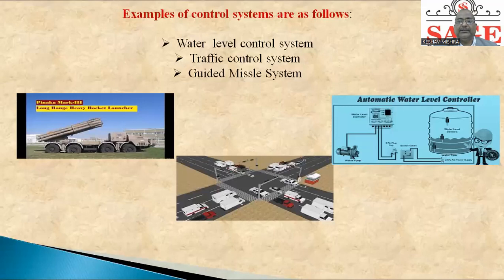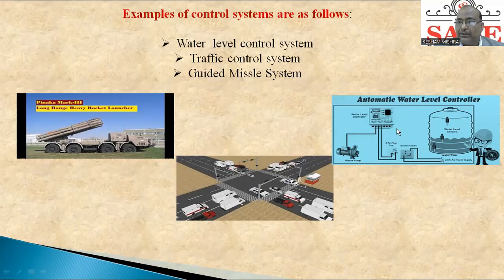And here are some examples of control systems. As I have already discussed, S400, or here we have taken Pinaka Mark III. This is an automatic guided missile system with enhanced range. This is a very popular weapon of the Indian Army. Traffic control systems and the automatic water level controller are also examples of control systems.